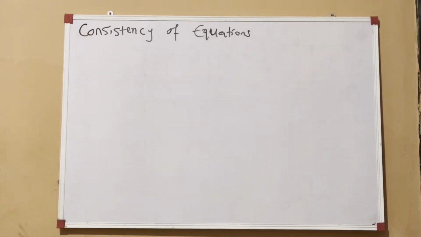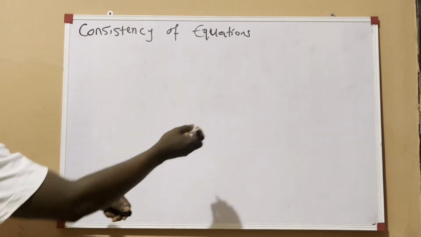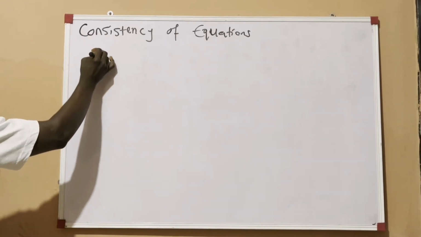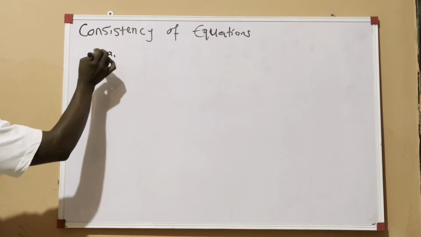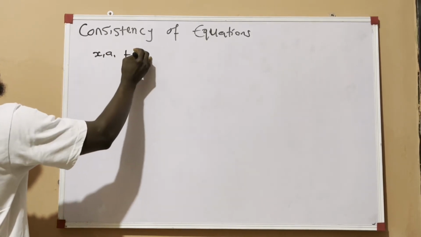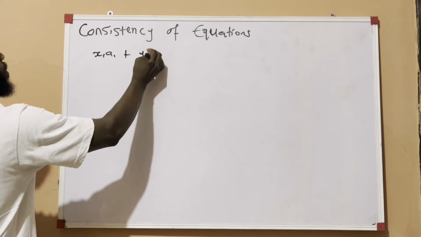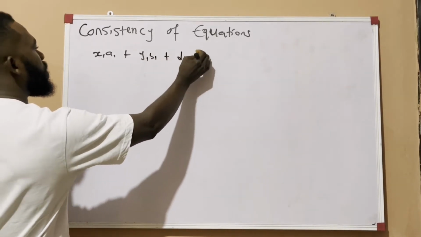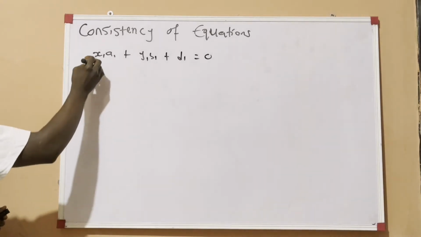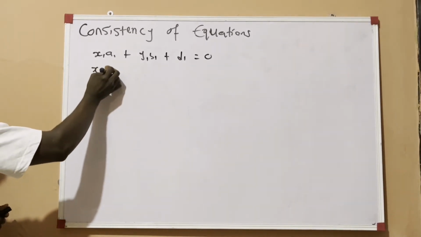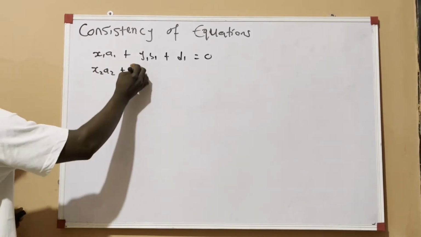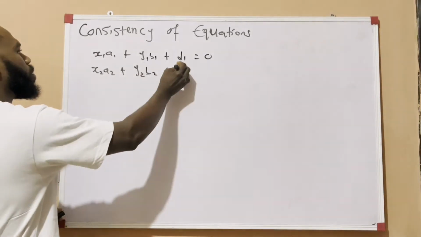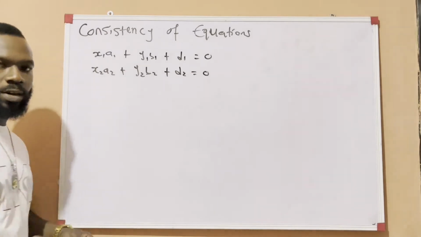Now the next is, how do you test for the consistency of given equations? Let us assume we have the equation x1 a1 plus y1 b1 plus d1 equal to 0. And then we have x2 a2 plus y2 b2 plus d2 also equal to 0.